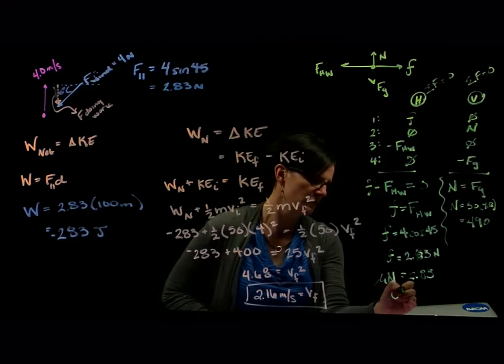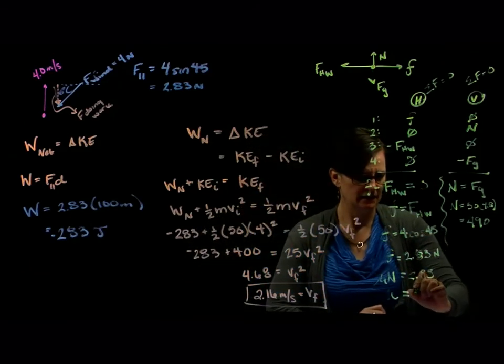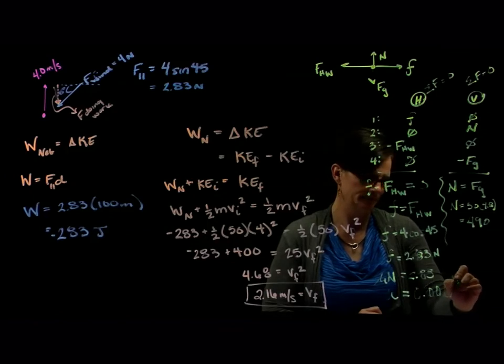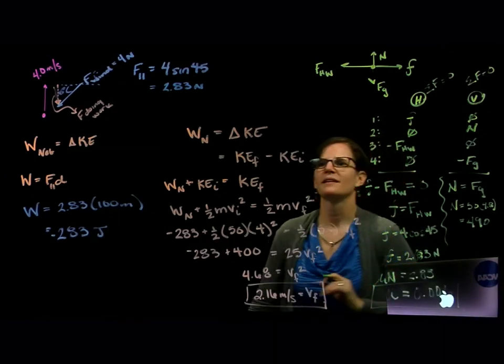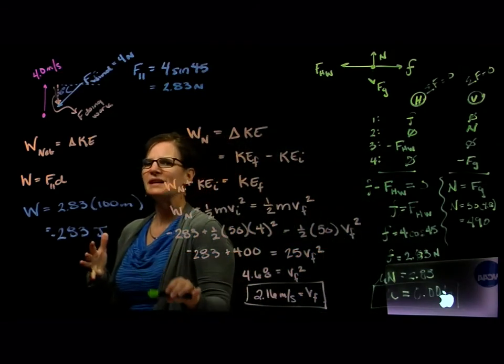So mu is equal to 2.83 divided by 490, 0.00578.